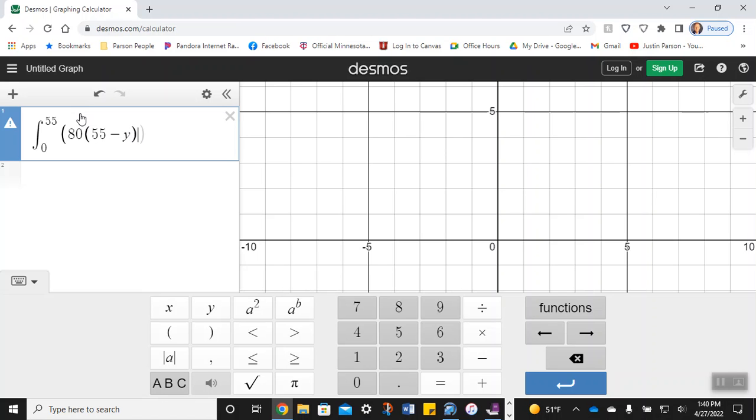Oh, divided by 55. Squared. What do you want to put at the end here? dy. Wow, that's crazy.